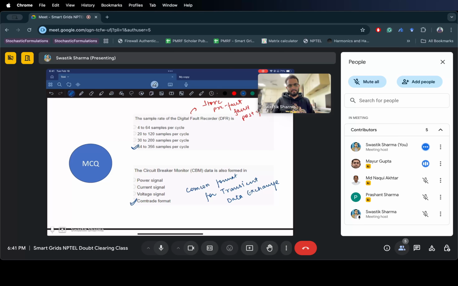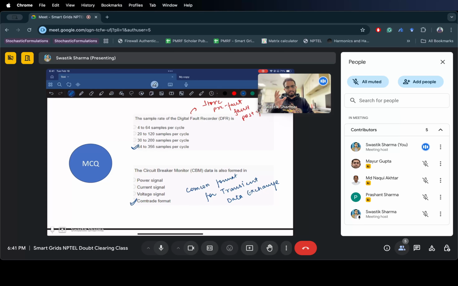By merging these two files you can read it even without any software; if you have software, you can read it directly. The format specified in the IEEE standard is called Common Format for Transient Data Exchange, and Comtrade is an abbreviation of this.